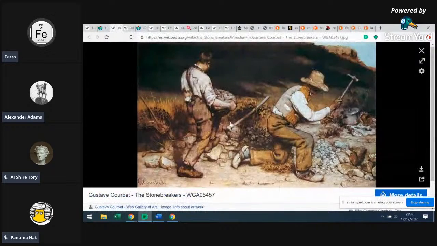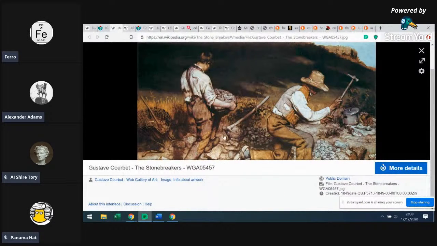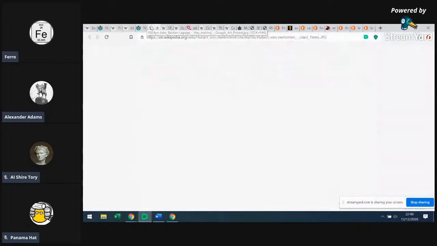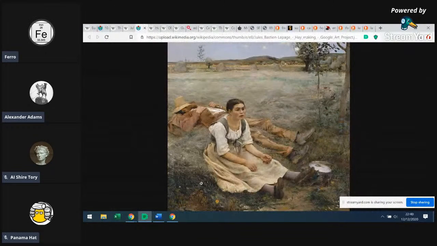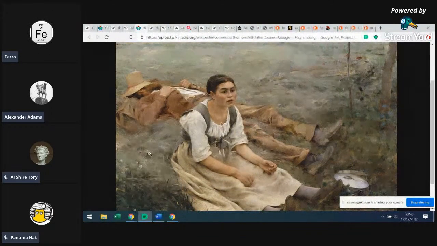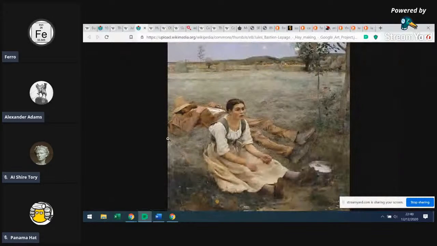Compared to something like Courbet, where the backgrounds are blended together, there's not much depth and you can't see much detail, here it's almost Pre-Raphaelite, like when you're painting individual bits of hay. That's at the next level.